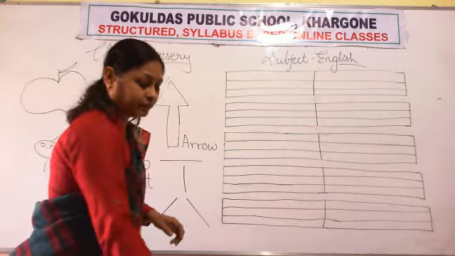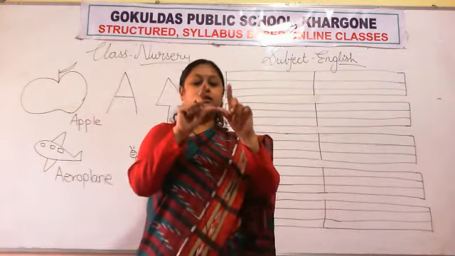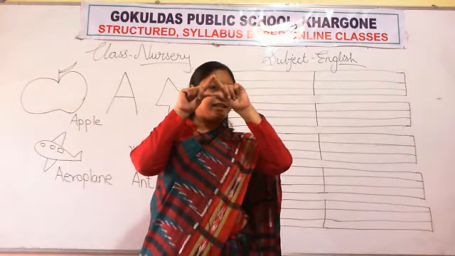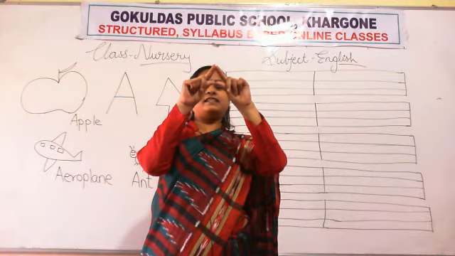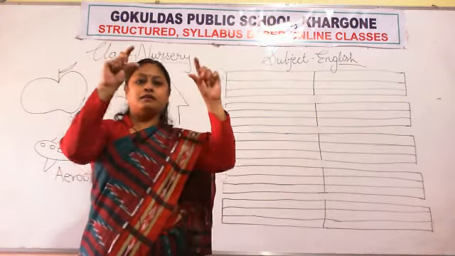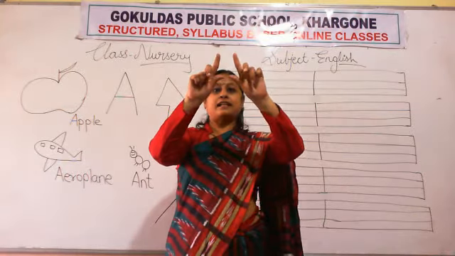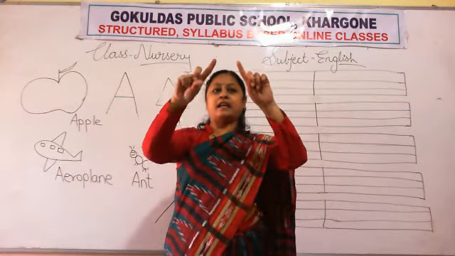All of you look here. We will make letter A. Which letter is this? Letter A. Do like this. This is slanting line.